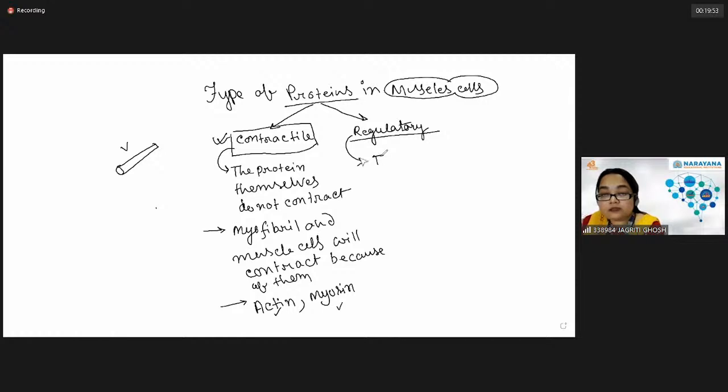These proteins regulate when contraction and relaxation will happen.